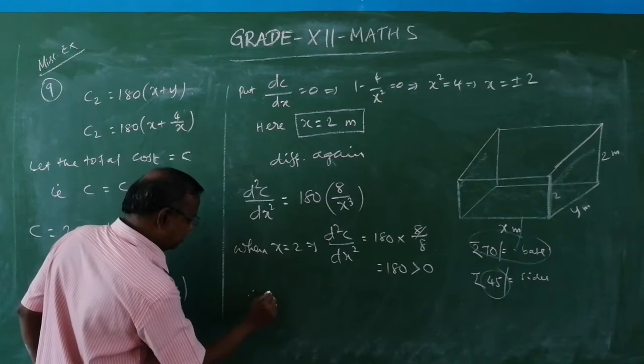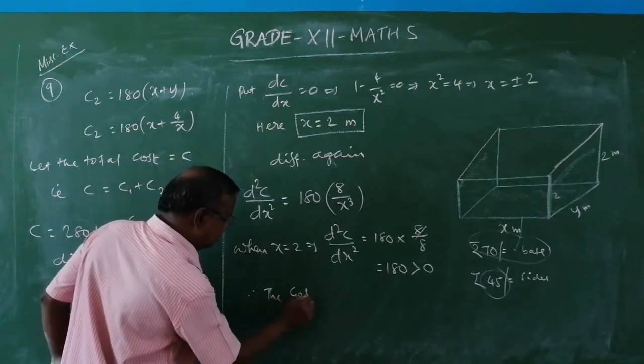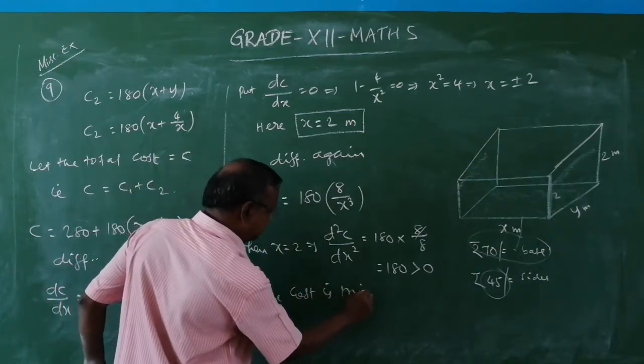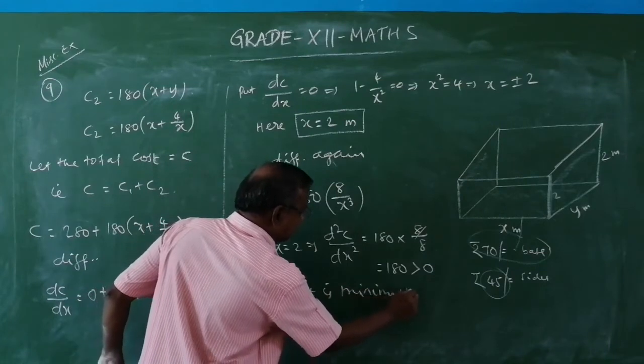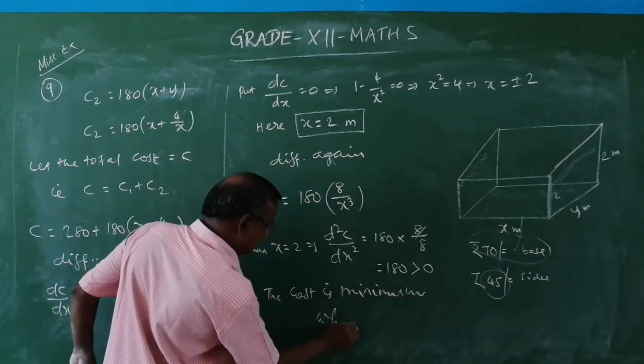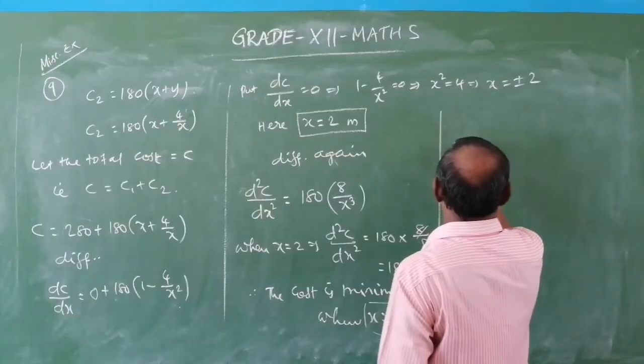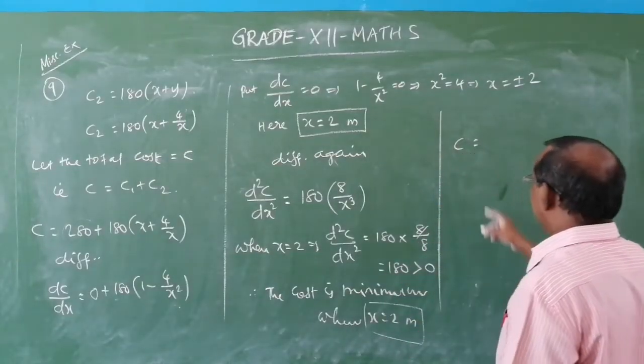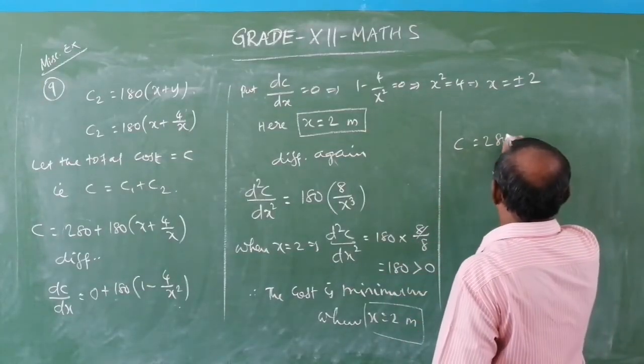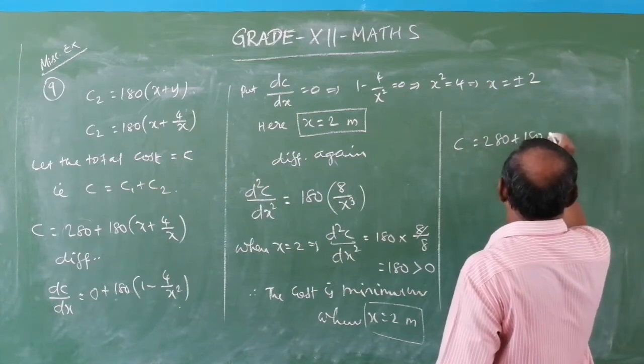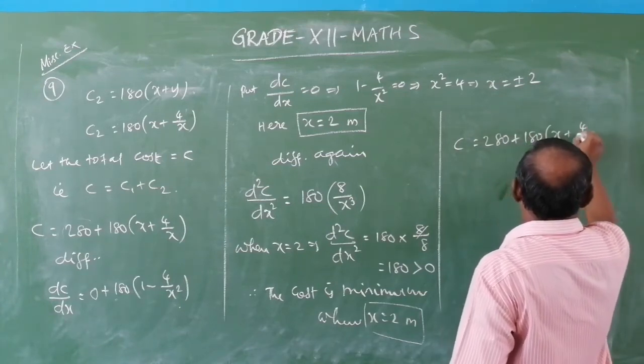Therefore the cost is minimum when x equal to 2. They ask you the least cost. So c equal to 280 plus 180 into x plus 4 by x.